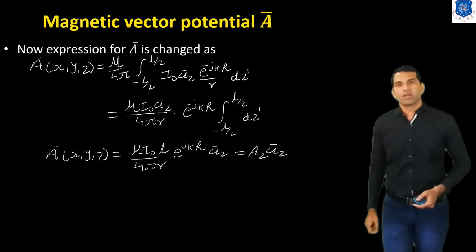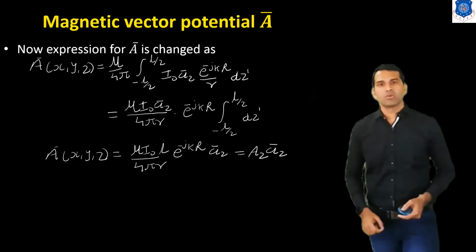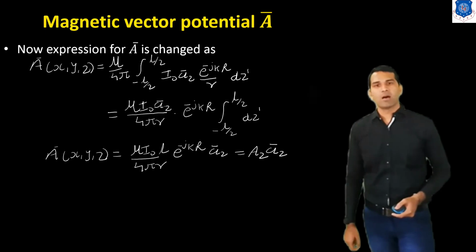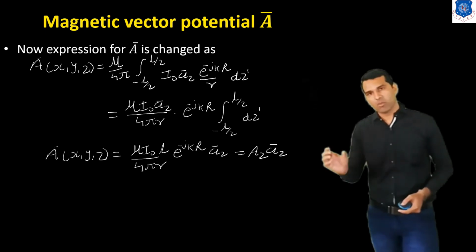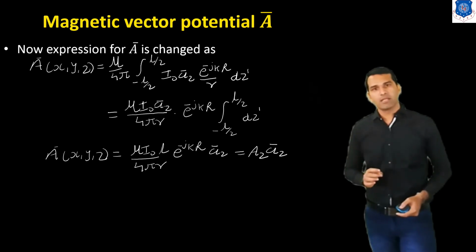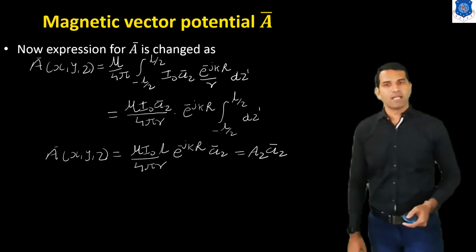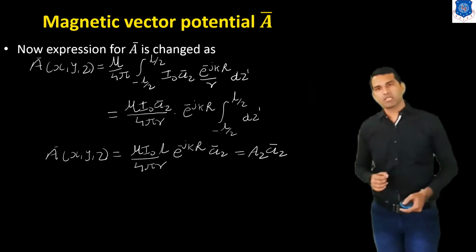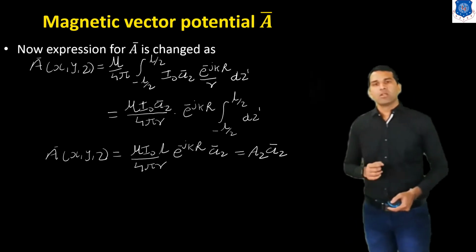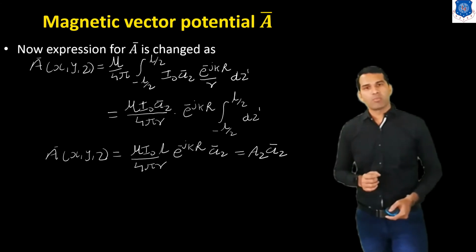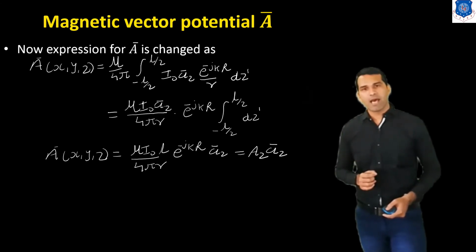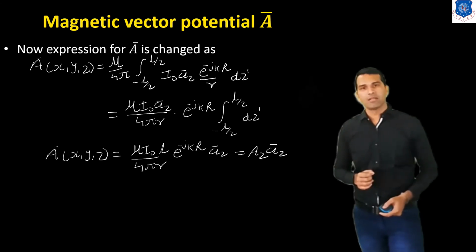So now we solve this equation. Mu I0 az upon 4 pi r, and e raised to minus jkr we have taken as common, so integration from minus L by 2 to L by 2 dz dash. Now we solve this equation, so we get mu I0 L upon 4 pi r e raised to minus jkr az.